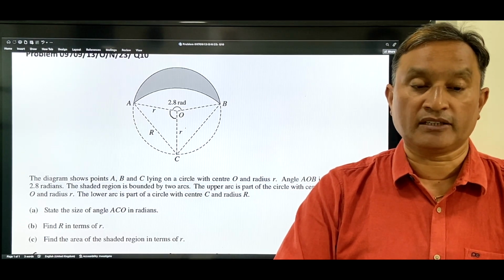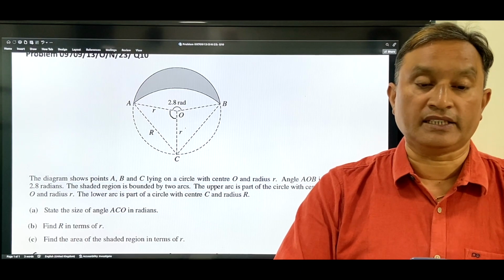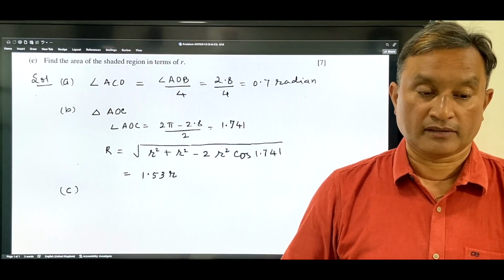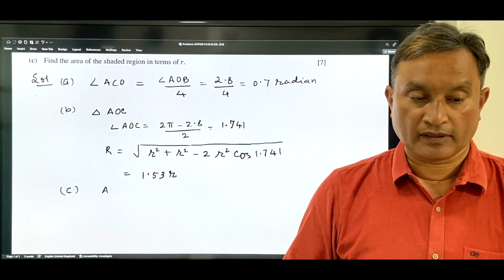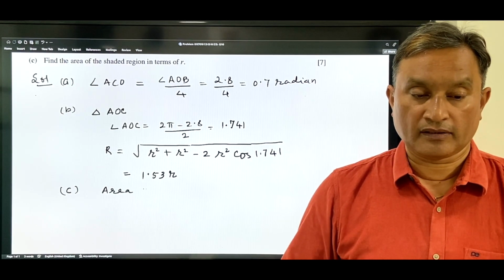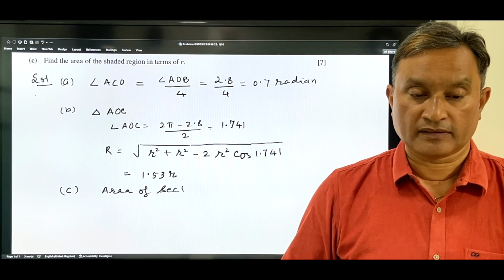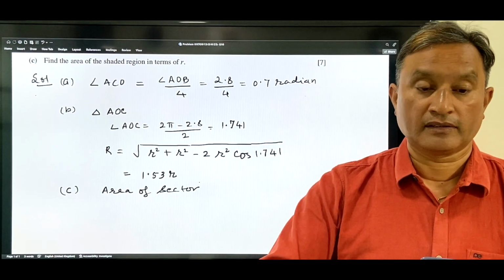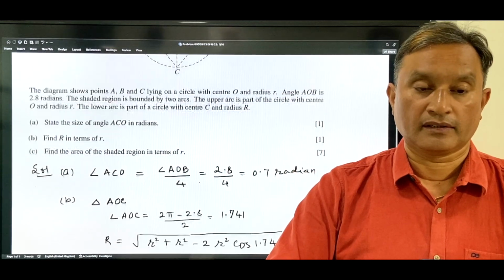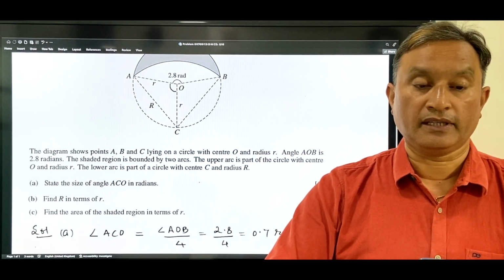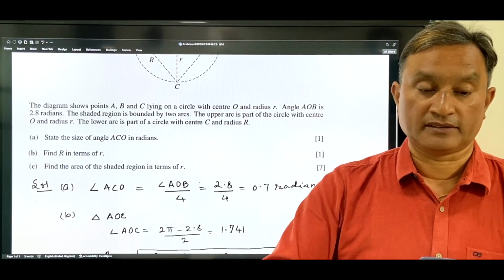So we will start with sector CAB. Area of sector ABC.